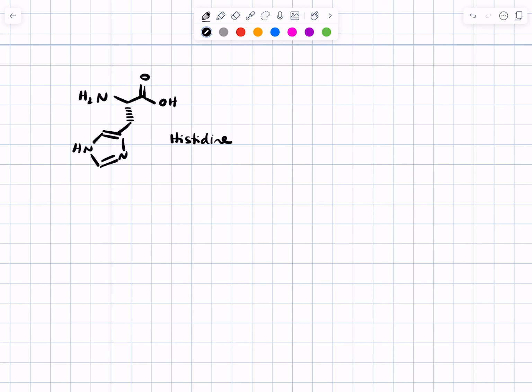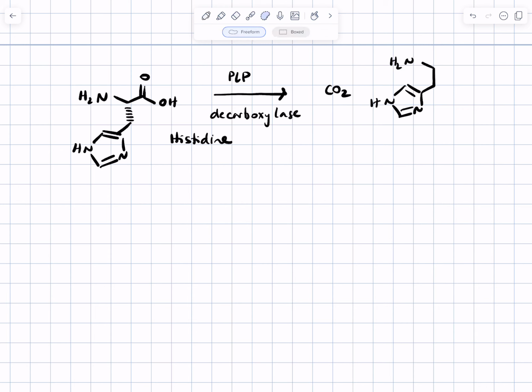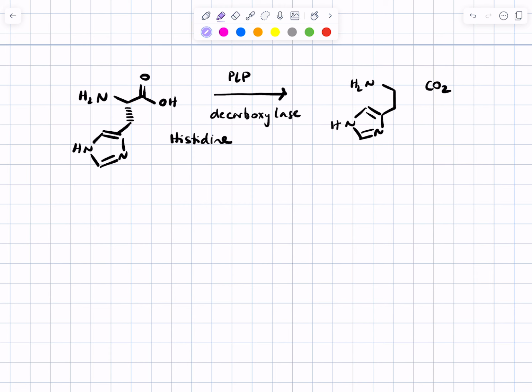And there is a process involving an enzyme that is called a decarboxylase. And it's going to use the cofactor pyridoxal phosphate. It gets rid of CO2 from histidine, and what you're left with is this molecule. This portion is what leaves as CO2. Everything else stays in place, and this is called histamine.